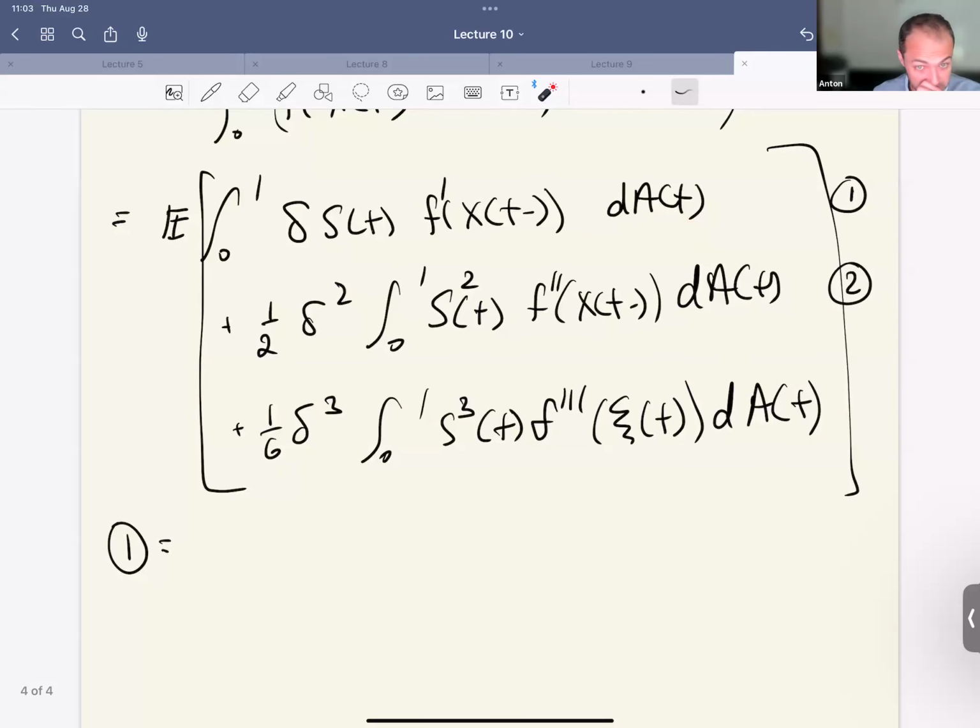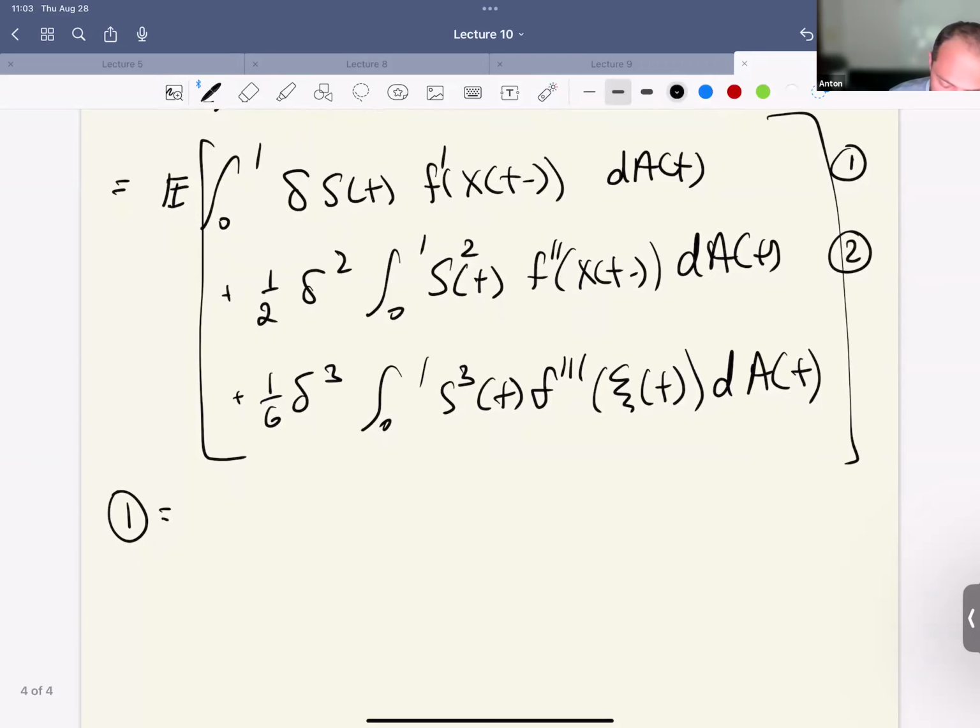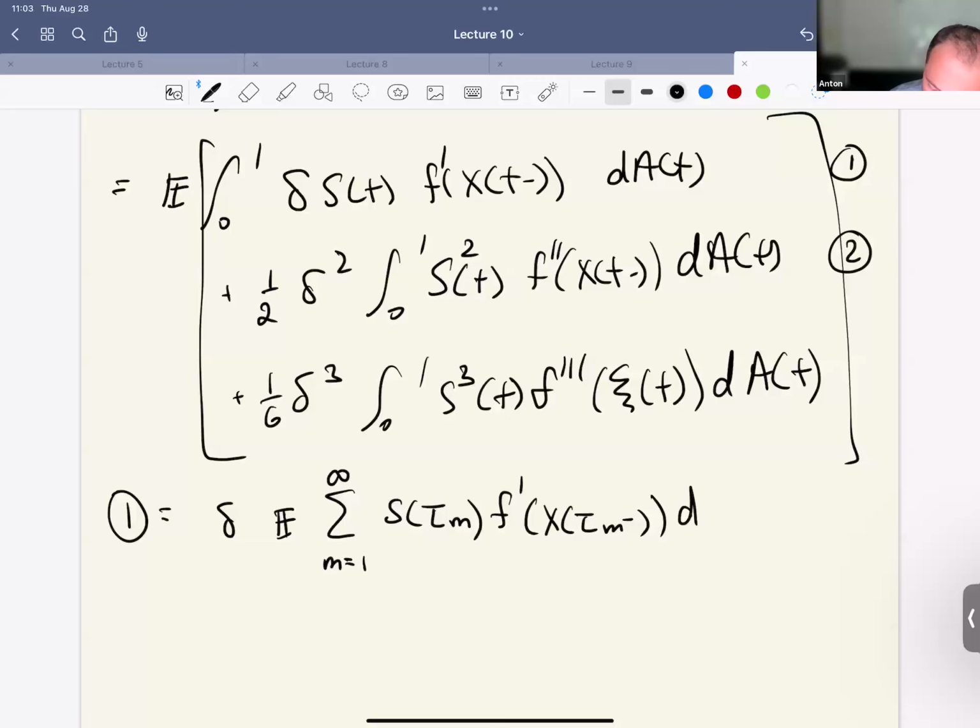And I'm going to write it out one time using its formal definition, and then you can see what's going on. So delta, expected value, sum m goes from 1 to infinity, s at the arrival epoch, f prime right before the arrival, x of tau m minus dA of t.